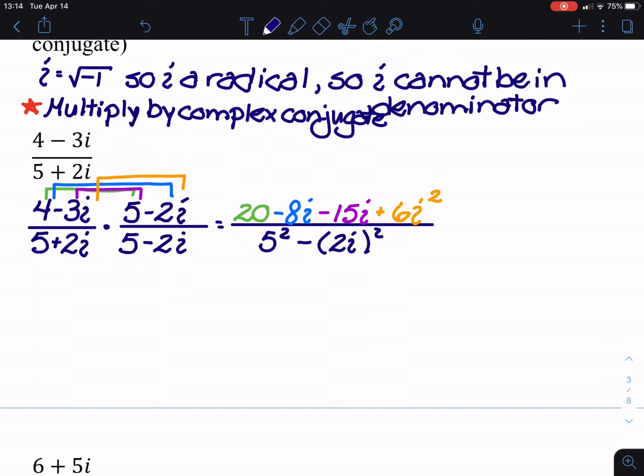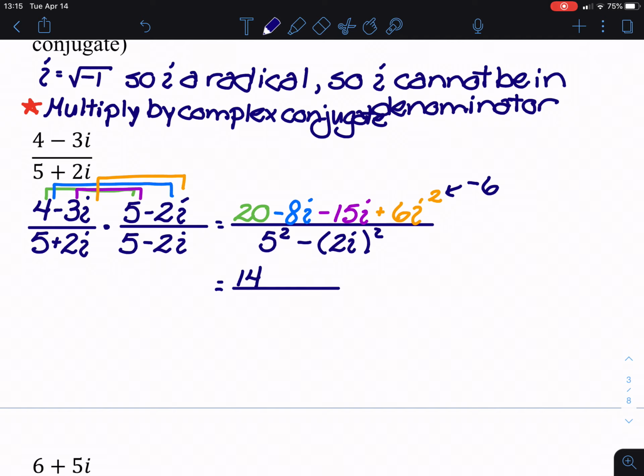Now I know that this 6i squared is actually going to be -6 because i squared equals -1. So I have 20 minus 6, which is going to be 14.